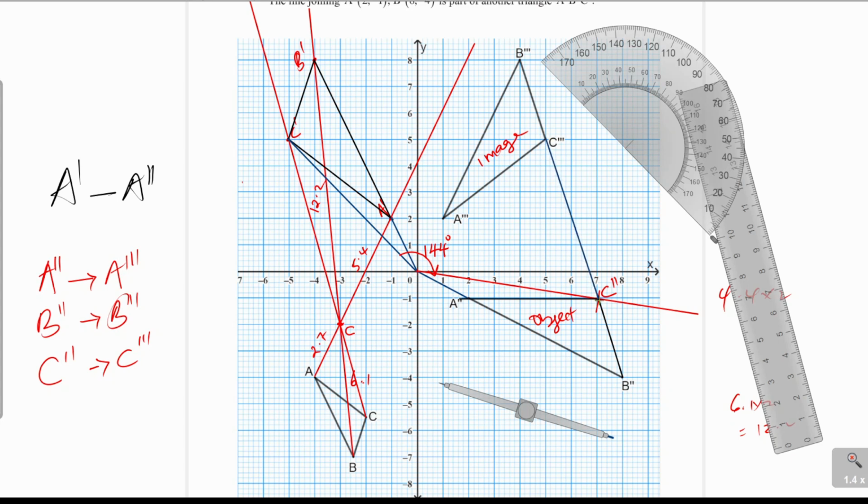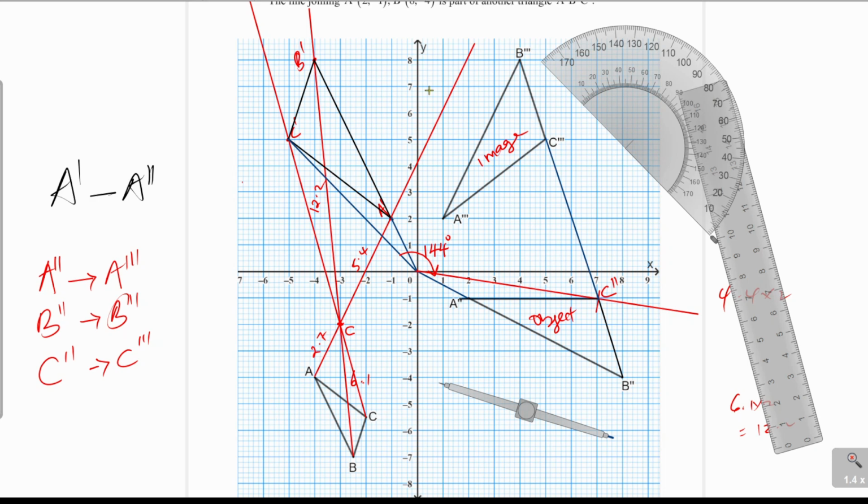now remember the property of reflection. The object and the image are supposed to be equidistant. So here we have the object as C double prime, the image as C triple prime. Those points are supposed to be equidistant. And that is where we shall now draw the mirror line.